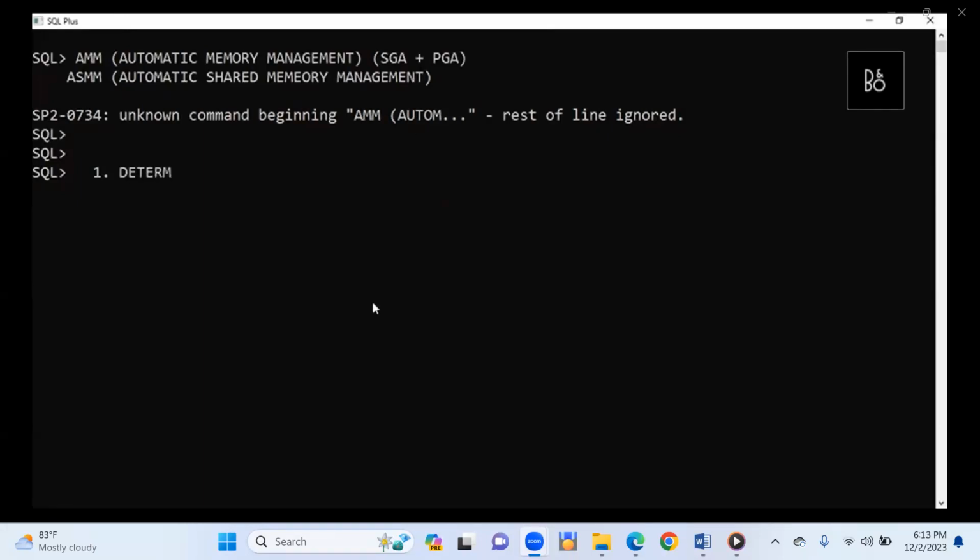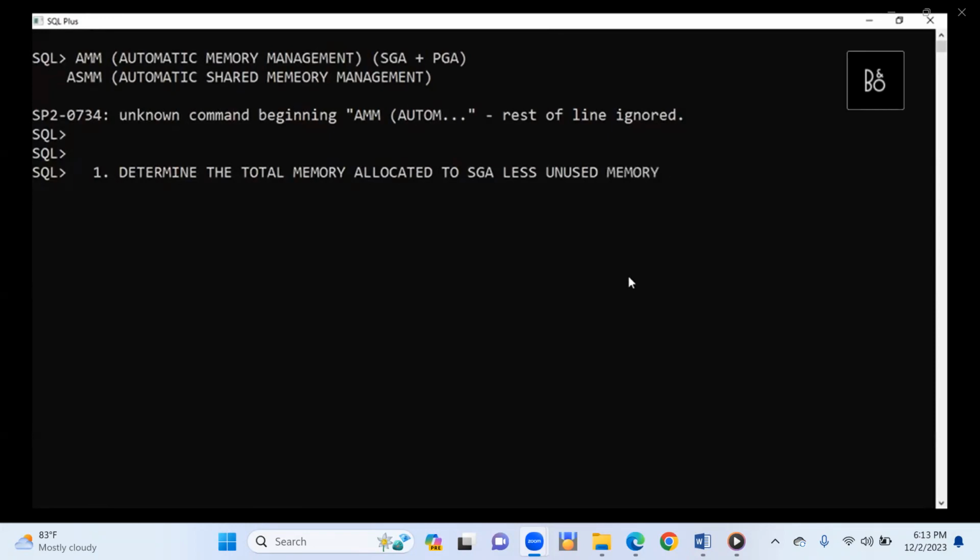So number one is to determine the total memory allocated to SGA less unused memory.